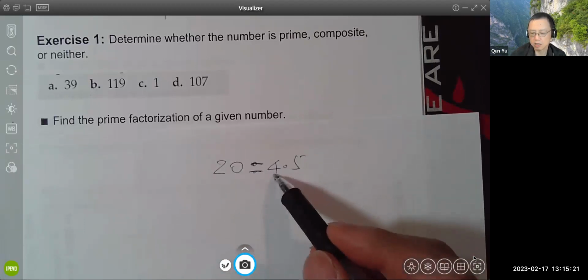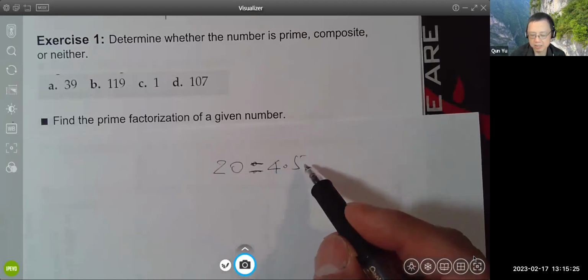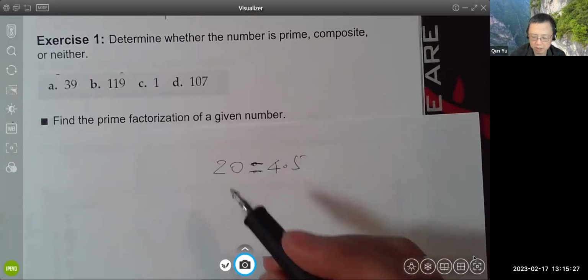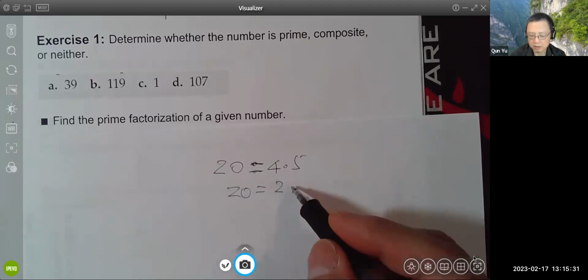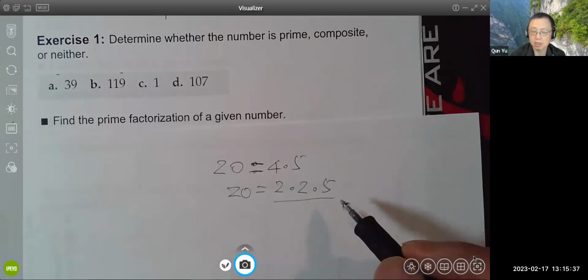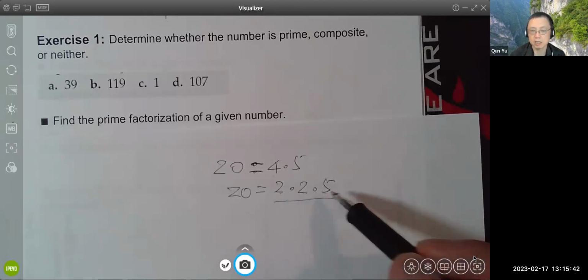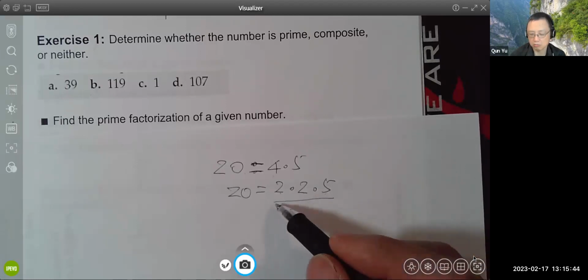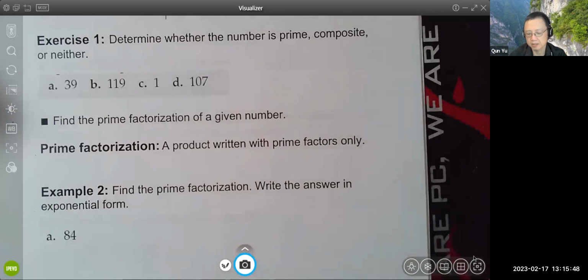These two are called factors of 20, but they're not a prime factorization because 4 is not a prime number. Instead, if you write 20 equals 2 times 2 times 5, this is called a prime factorization because all of the factors are prime numbers. So that's our goal for this topic.